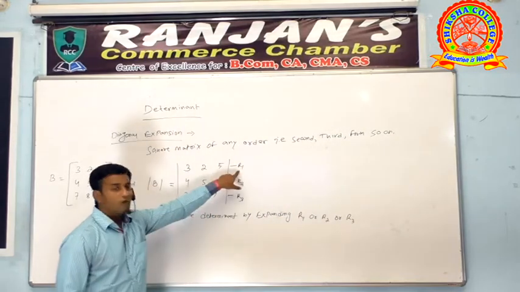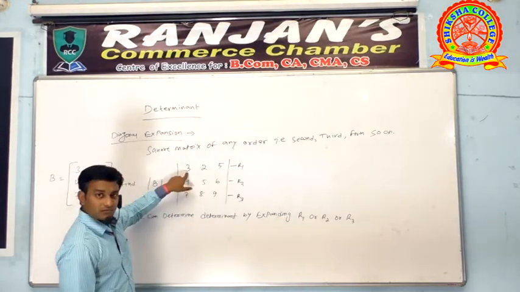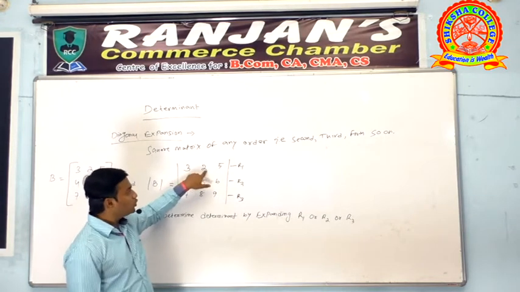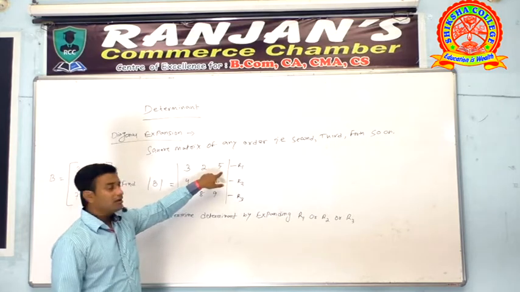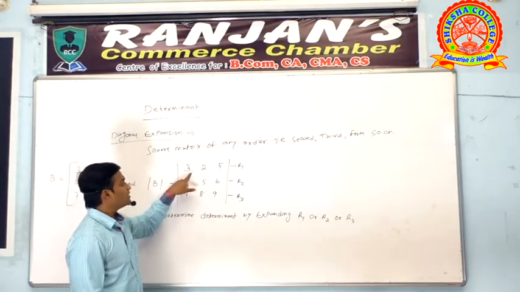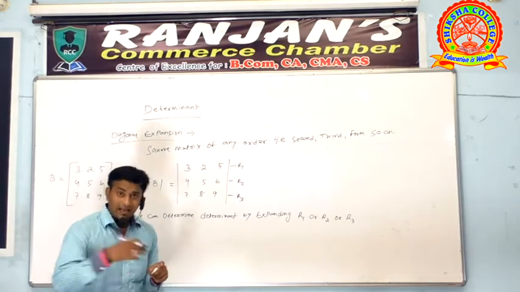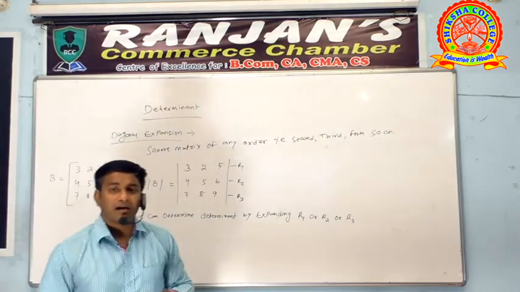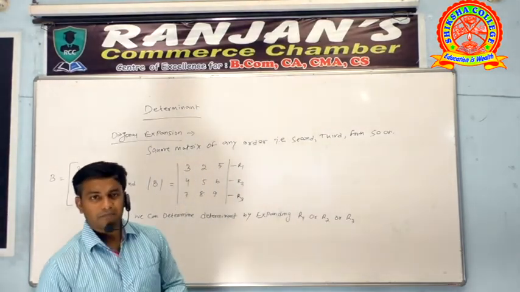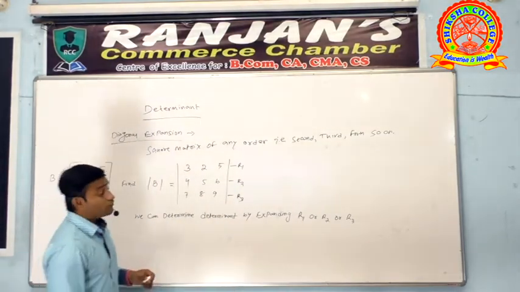That is, if we take row 1, that is a coefficient or element 3, 2, 5. Clear? So we need to provide a sign to those elements, and then we are applying the second order formula. So what is the rule?